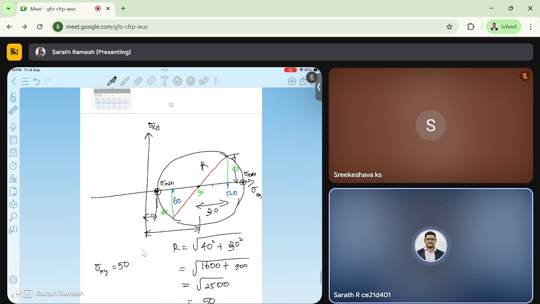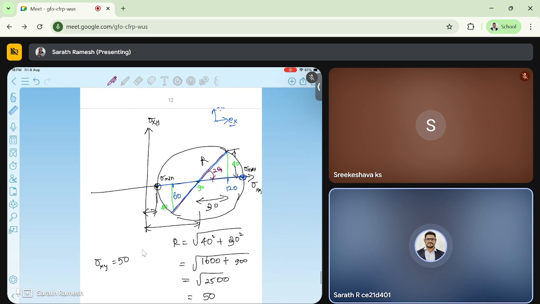And what else can we observe? We know this is our x-y plane, and my maximum normal stress is this plane, and from here to here it is some 2 theta p in the clockwise direction, right?